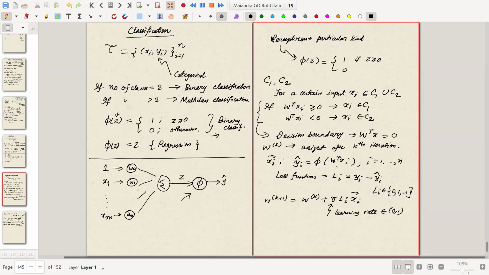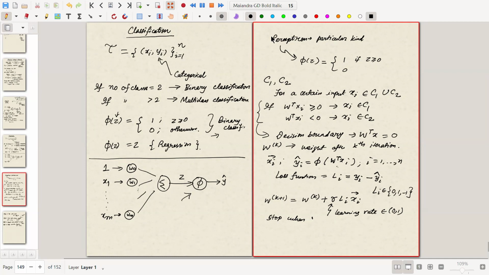So this method, you keep on doing it. The iteration, when will you stop your iteration? Think intuitively. When should the algorithm stop?